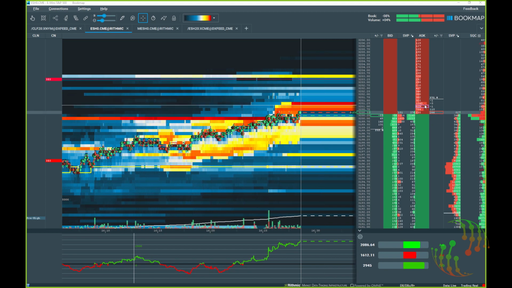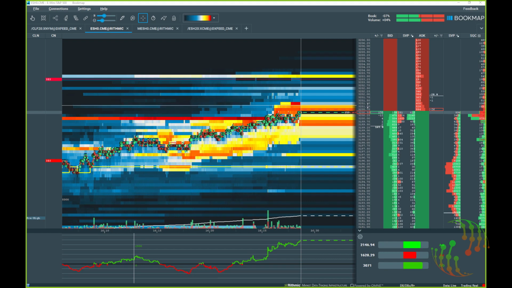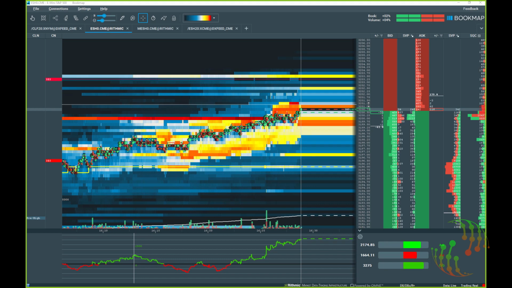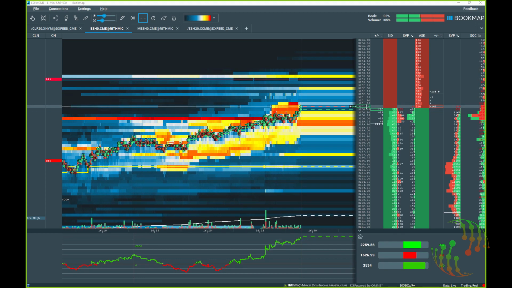Another big number is waiting at 1.25, 32 1/4. Oh, they pulled again. You see how fast this is. You can't see this in any footprint or chart. It's not possible.